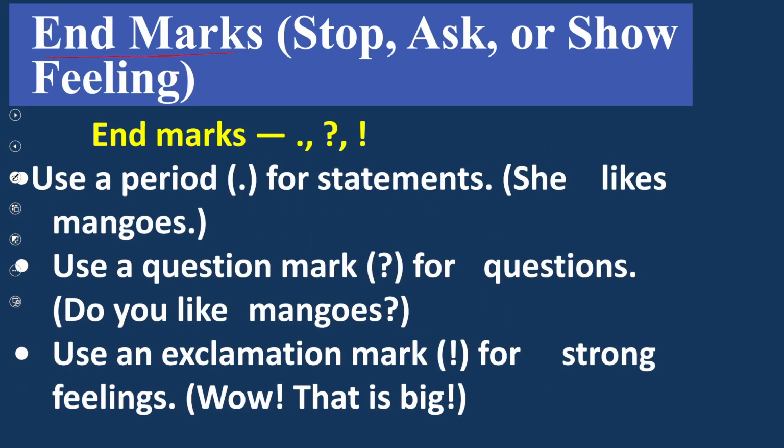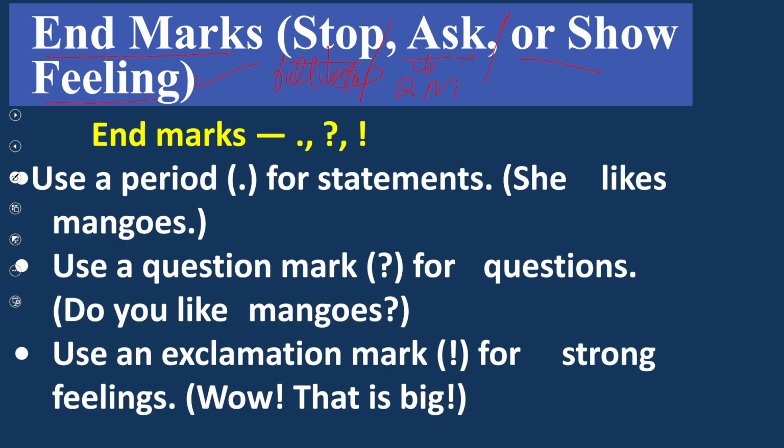End marks: stop, ask, or show feelings. They are used to stop, to ask a question, or to show feelings. For stop, we use a full stop, and for asking a question we use what? Question mark.